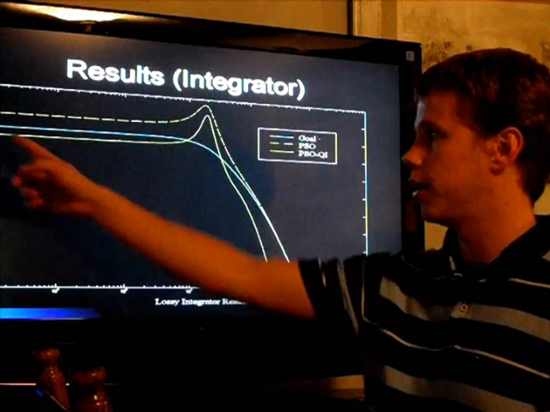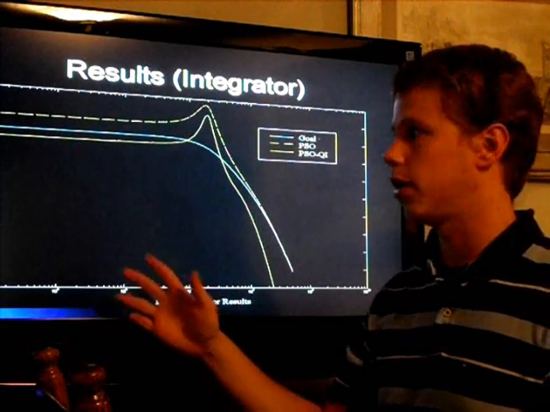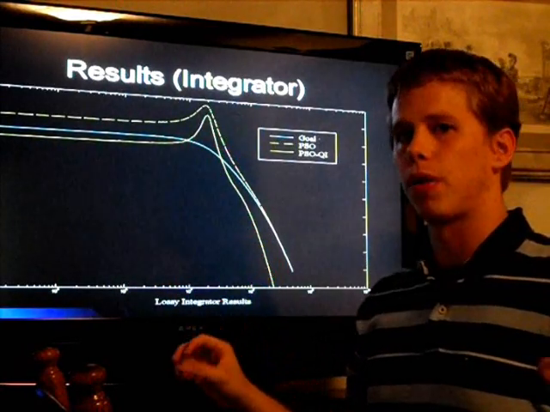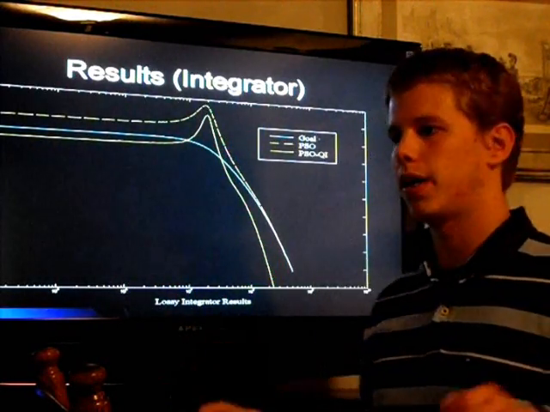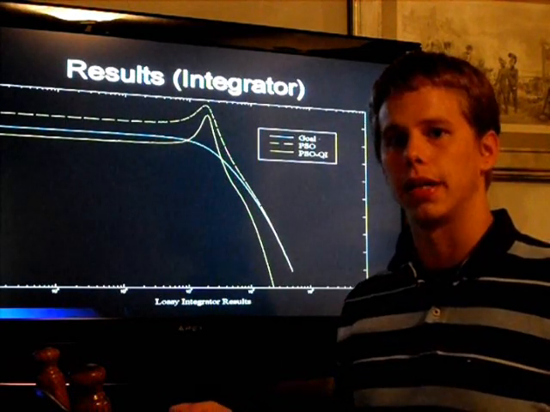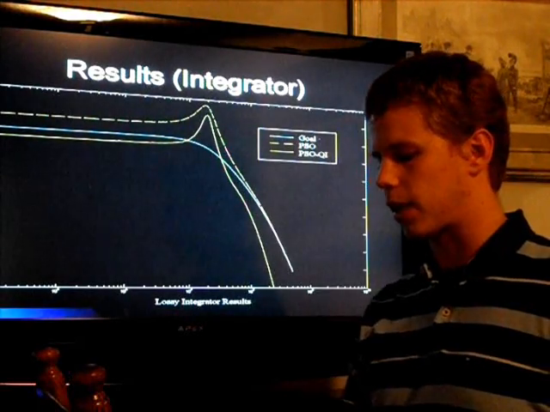Here's the goal again, and here's the standard PSO algorithm that I used. This time, both the PSO and the PSOQI came pretty close to the gain of the goal filter, and they both have very flat pass bands.